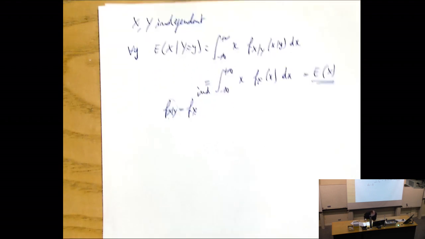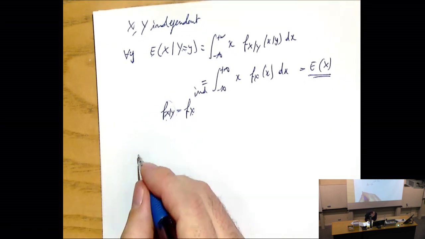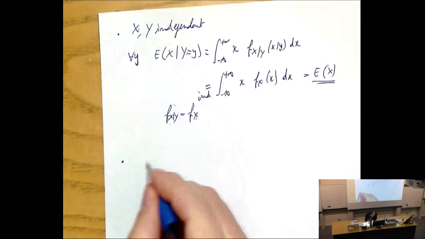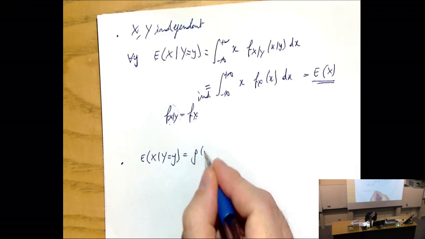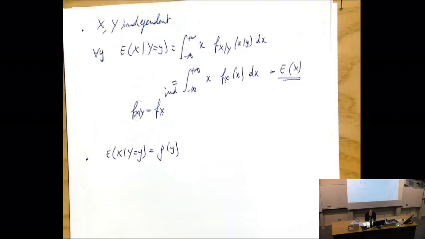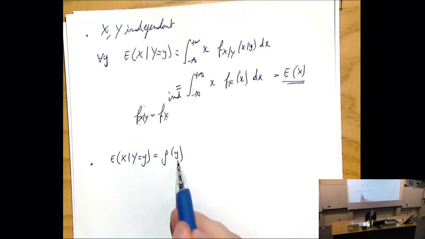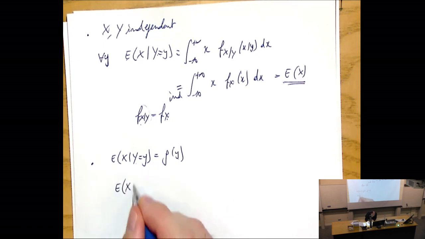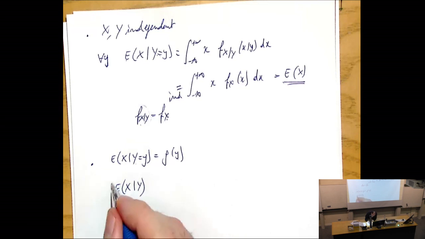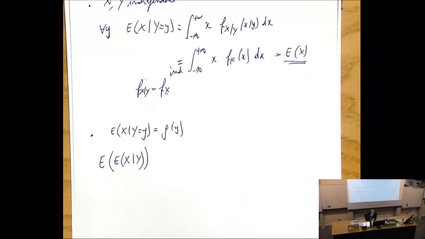Right, so what if we have the following now? Keep in mind that what I was saying is that the expectation of x given y is essentially a function of y. For every value of y, you can compute this conditional expectation, so it's a function of y. So if I'm writing the expectation of x given y, and I'm taking another expectation here, what does that mean?